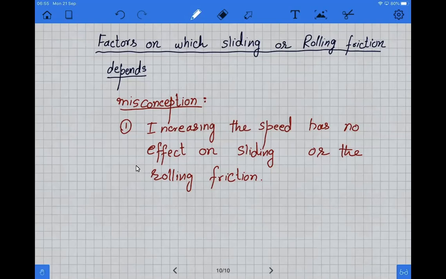I should clear that work is force times displacement. So when something is moving faster, its displacement will be more and work will be more as well, because of which the power will increase. Friction remains same. So at all the speeds, low speeds or high speeds, the friction is a constant. It cannot be changed.